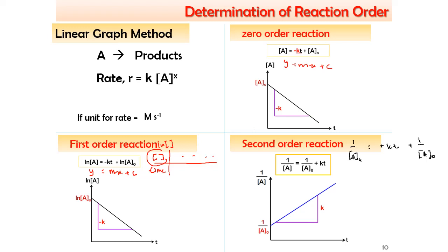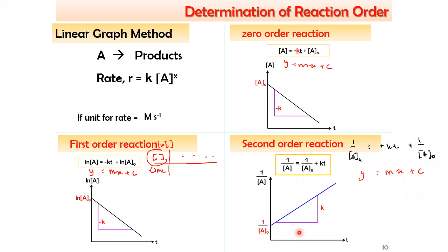Okay, so this is your y-axis, mx plus c. Okay, y-axis 1 over A, concentration of A, and then your x-axis is time here, and your y-intercept is 1 over A0, which is your initial concentration.